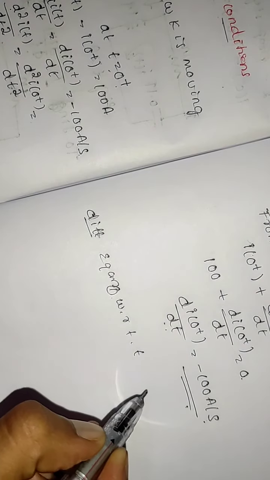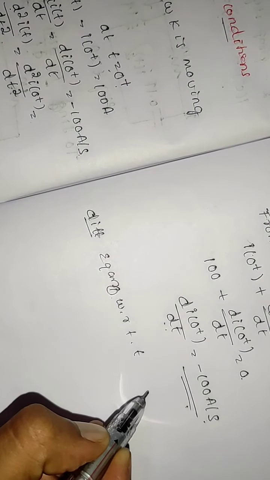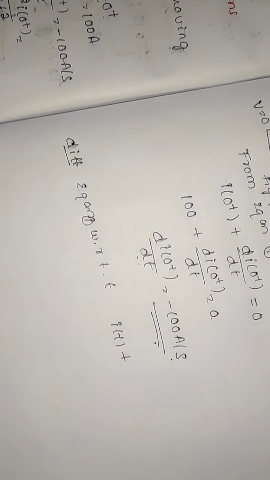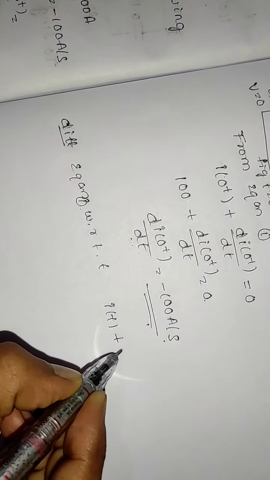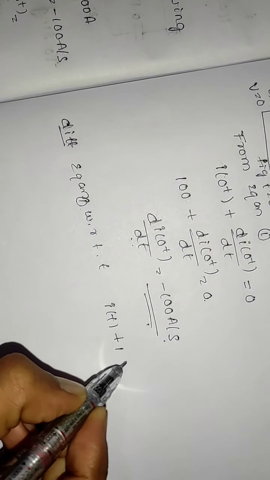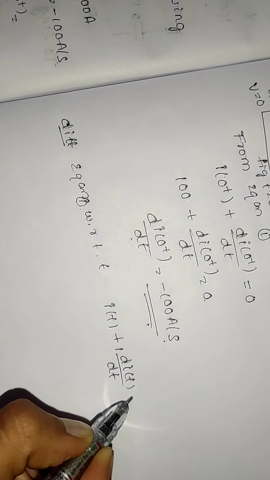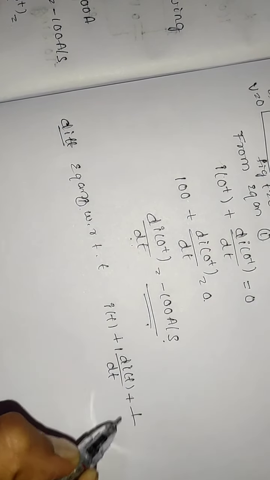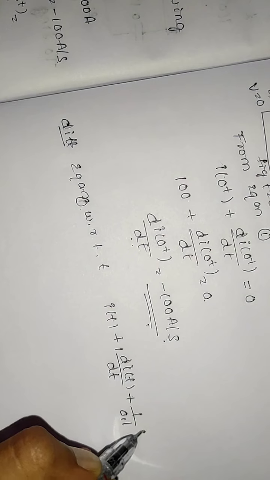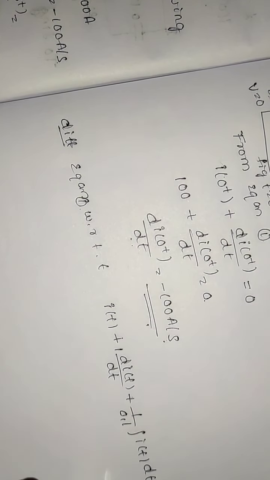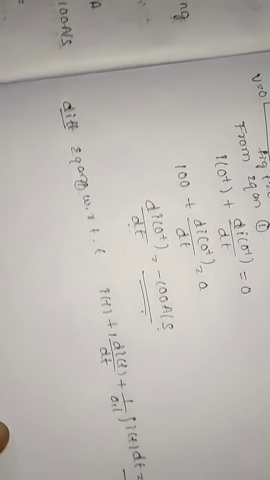You know equation 1: 1 into dI of t divided by dt, plus 1 divided by 0.1 times the integration of I of t dt, equals 0. This is equation 1.